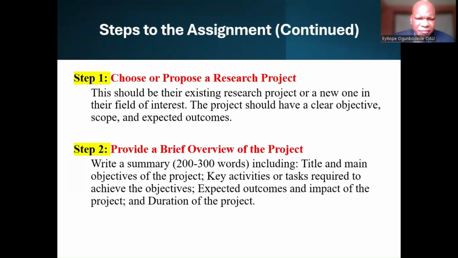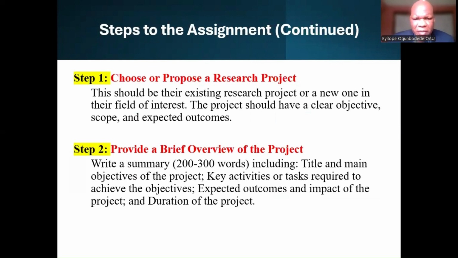In step 1, we expect the participants to choose their existing research project or a new one in their field of interest. The project should have a clear objective, scope, and expected outcomes. In step 2, we expect that the participant will provide a brief overview of the project.